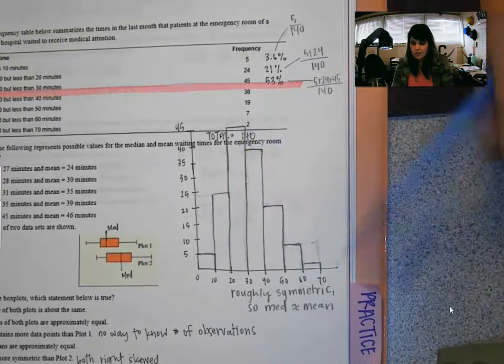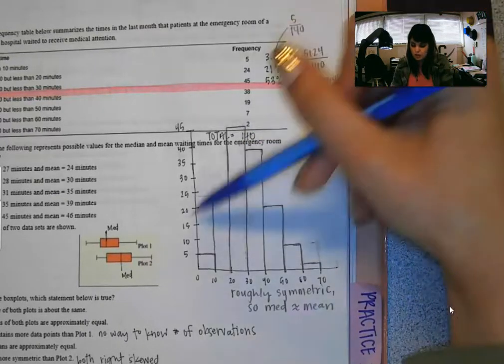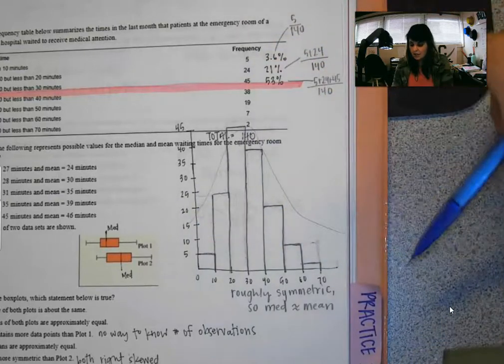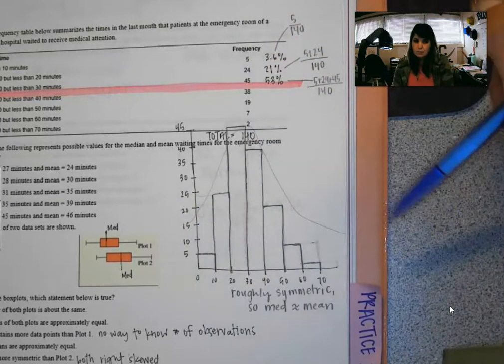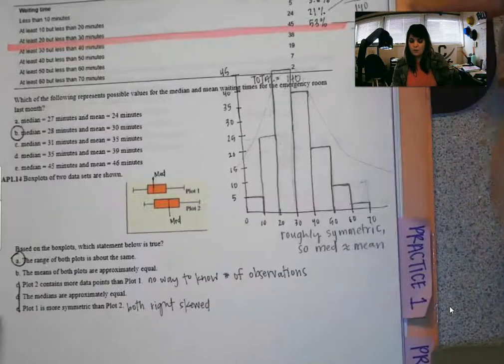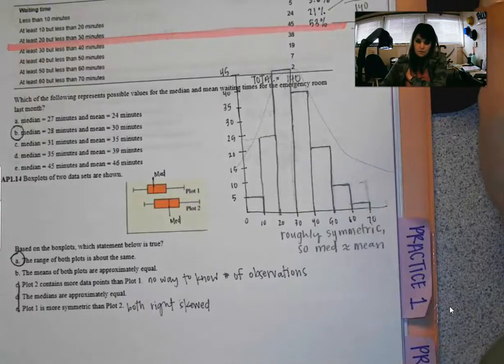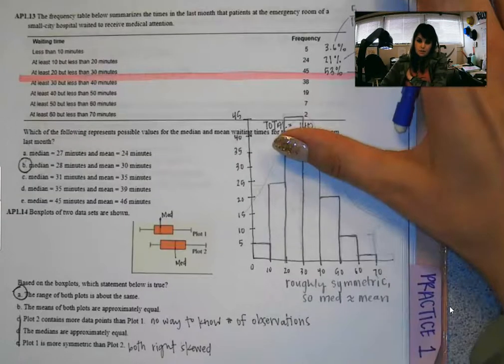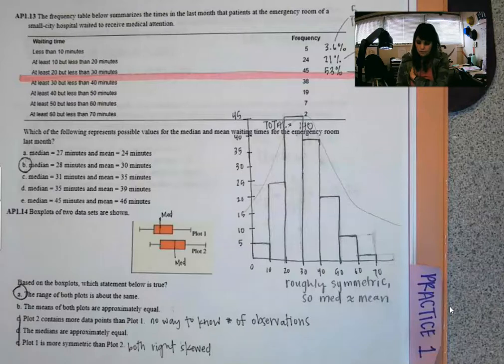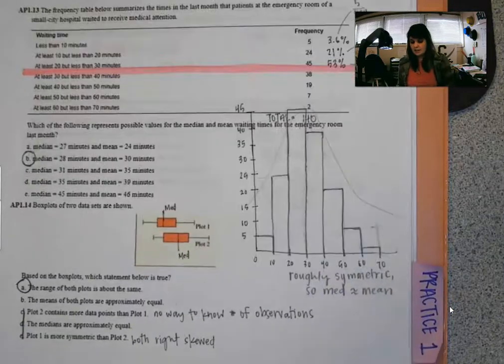And I just looked at the shape of the distribution. It is slightly skewed right. So that means that the answer would have to be B. I'm sure that's not the only way to reason through that problem, but that's the way I did it.